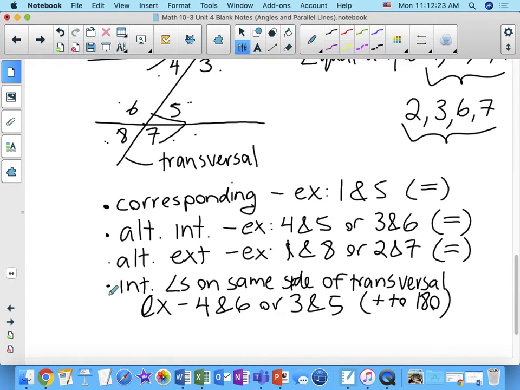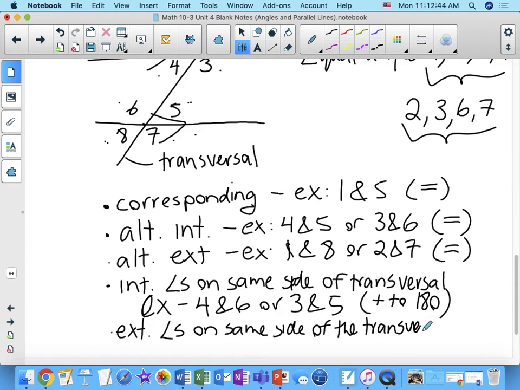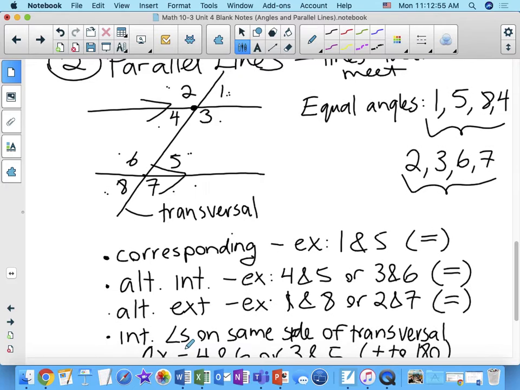Okay? So we can have interior angles on the same side of the transversal, and then we can have exterior angles on the same side of the transversal. Okay, so now we're looking at stuff that's on the exterior, outside, but still on the same side of the transversal.